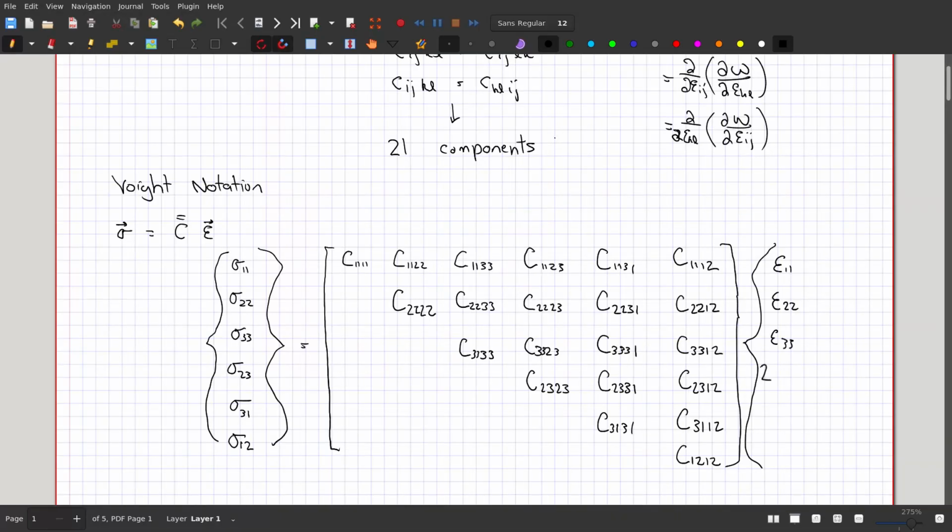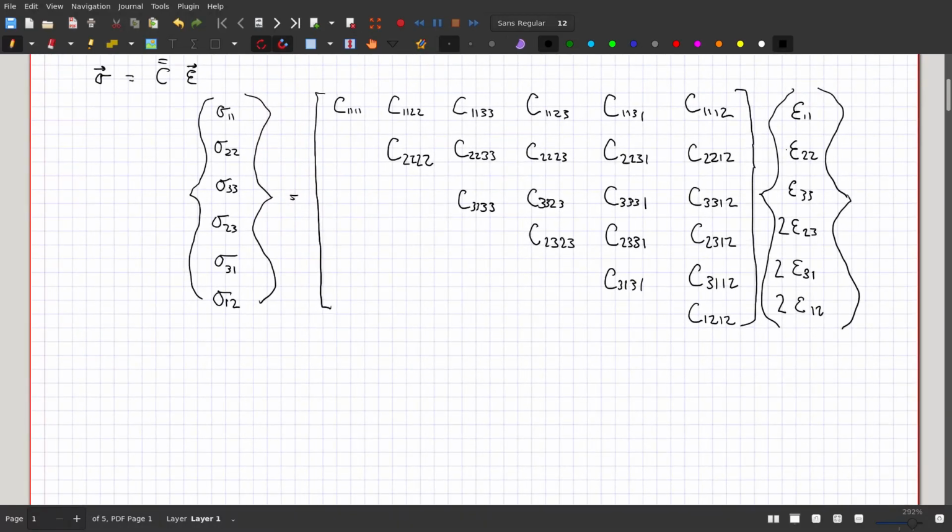Now note for the shear components, there's a 2 in front of the strain terms. And so anytime I write a matrix like this and I don't fill in the other side of the matrix, that's because it's symmetric.